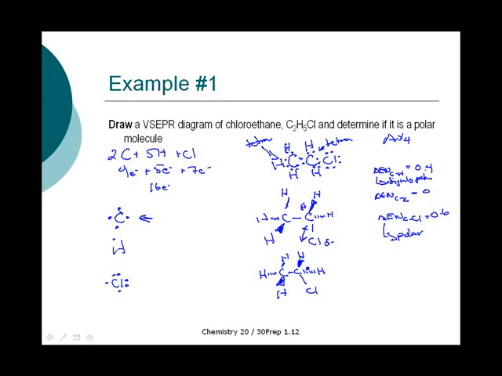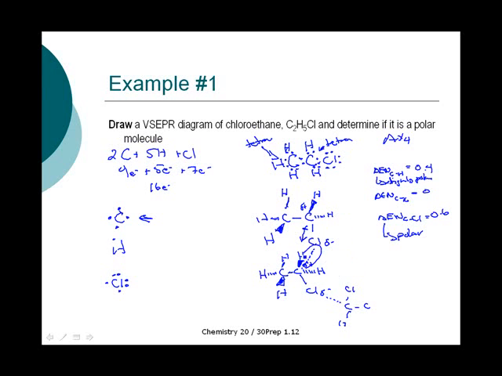This slightly negative chlorine is going to be attracted to the slightly positive carbon on another chloroethane molecule. And again, this chlorine here is going to be attracted to the carbon of another chloroethane molecule, and so forth. So this is your dipole-dipole force.